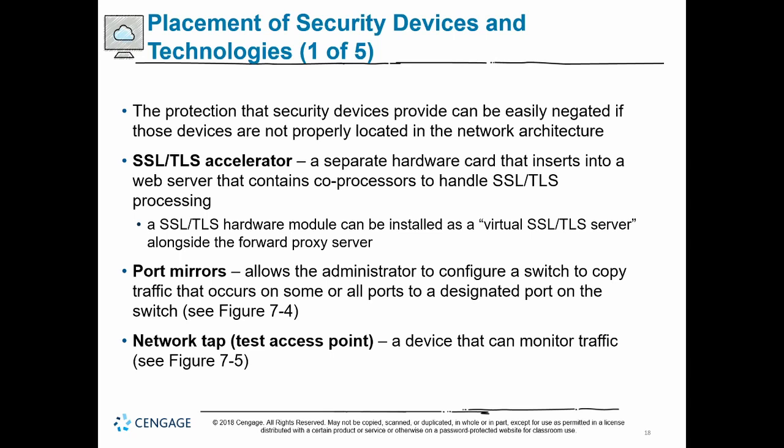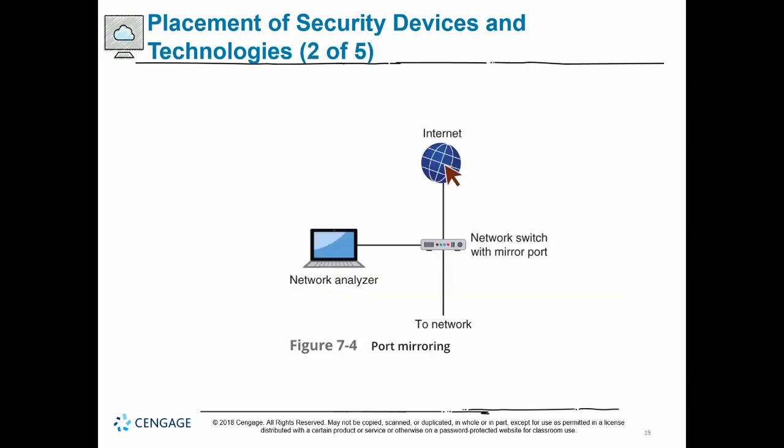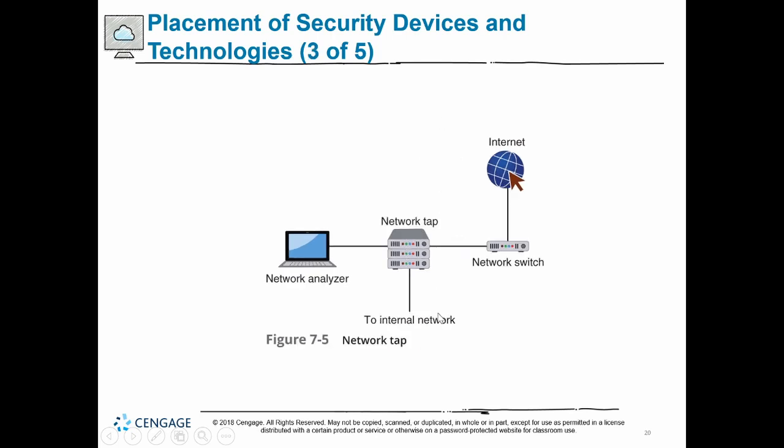When you create a port mirror, you connect it with whatever external device you want to capture all that data on. So with port mirroring and a network analyzer, internet comes to the switch, and you port mirror to your network analyzer, even though all your traffic is going from the internet to the network. And the network tap, it's pretty much a device that watches the network.